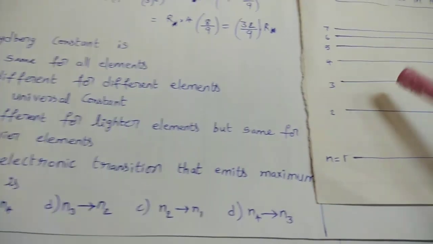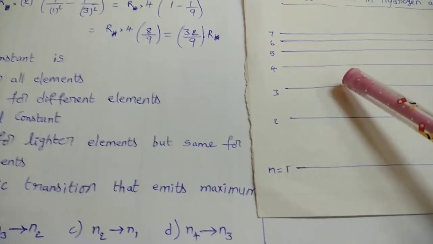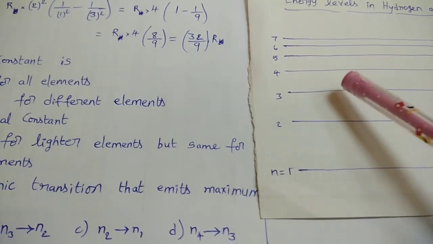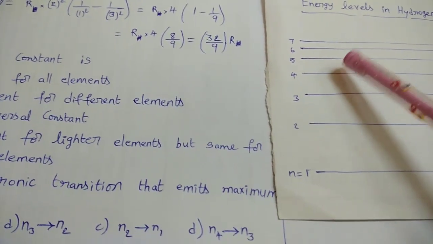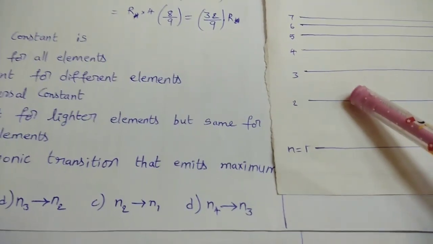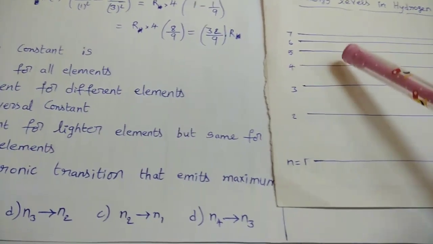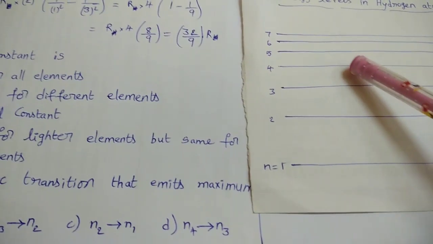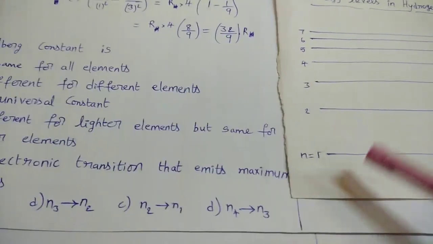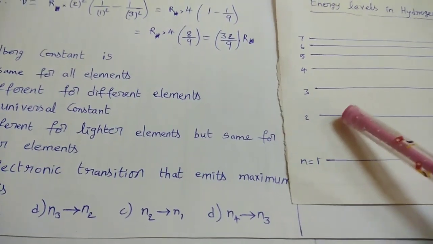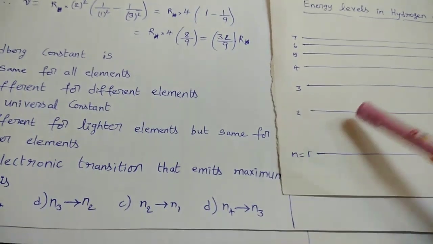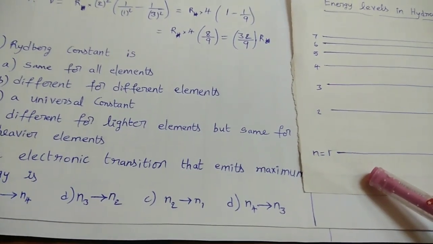This is the difference. Next, 3 to 2. Between third orbit and second orbit, energy gap is more than this one. Next, 2 to 1. This gap is more than this and this. Next, 4 to 3. So in all these 4 options, where electron jumps from this to this, the energy difference is more.